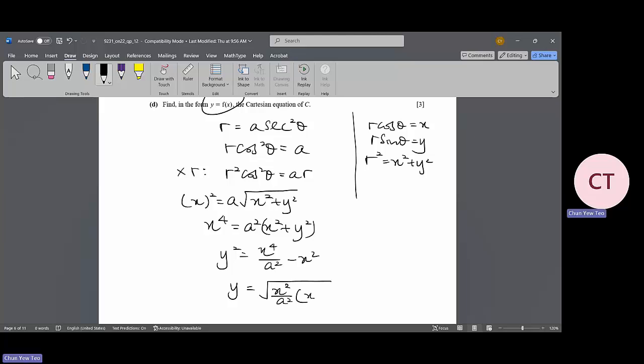Then you get x squared over a squared times x squared minus a squared. Wait for a while.